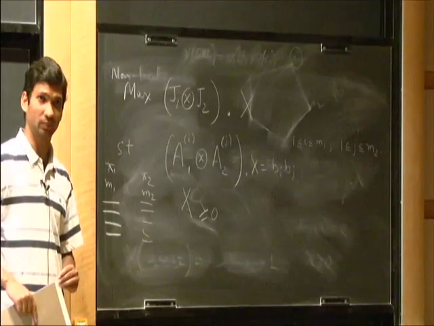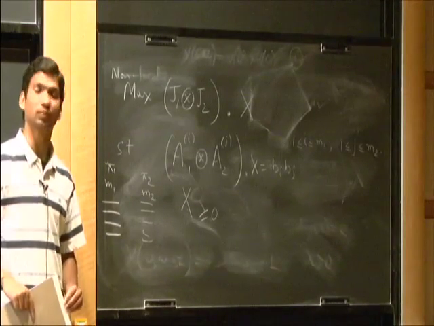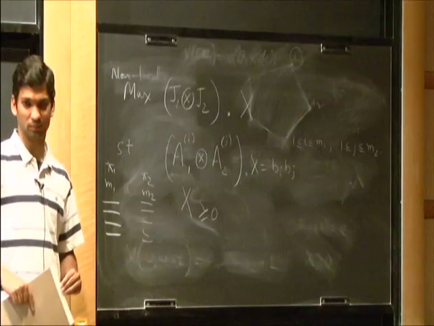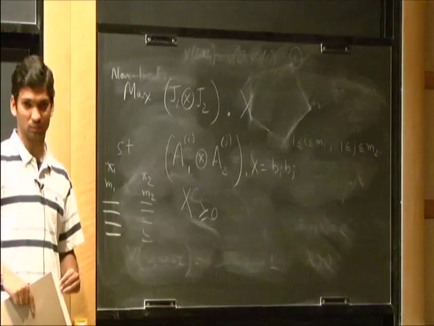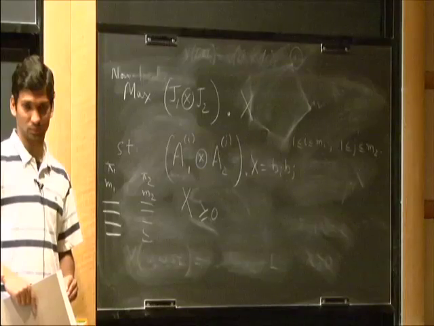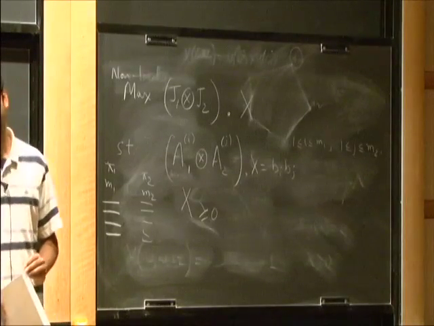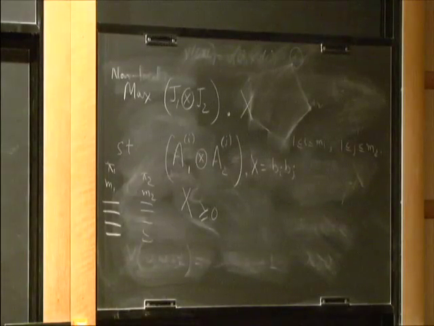So let's say we go back to independent set. If you have an independent set of size k1 and an independent set of size k2, you're looking in the product graph at the product of those two independent sets.